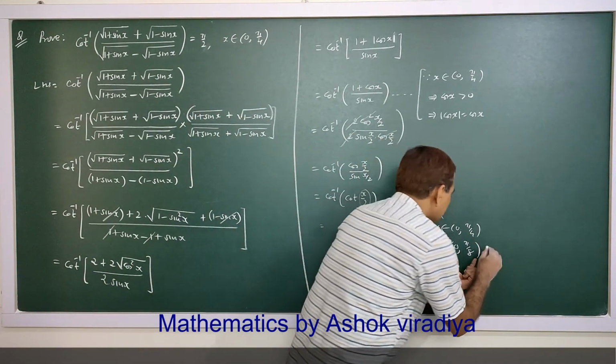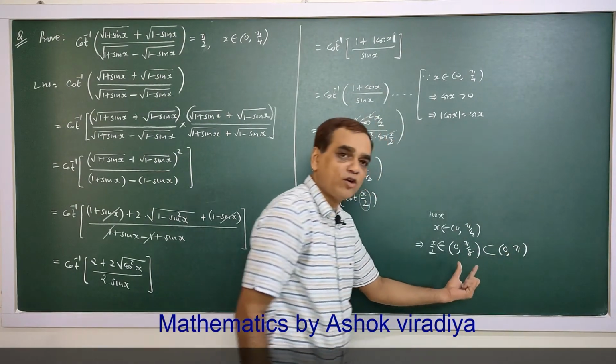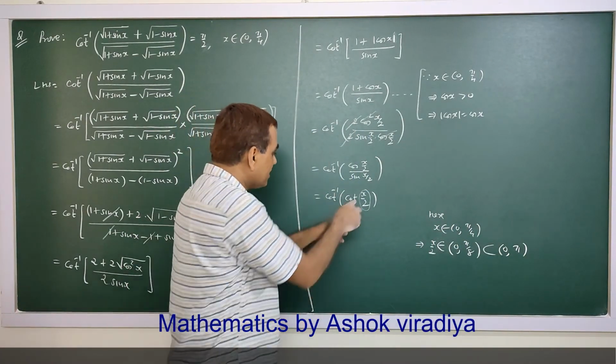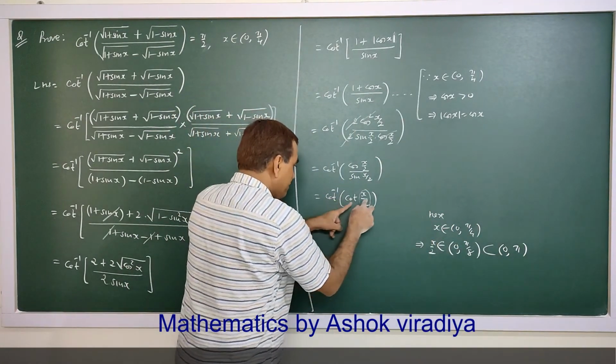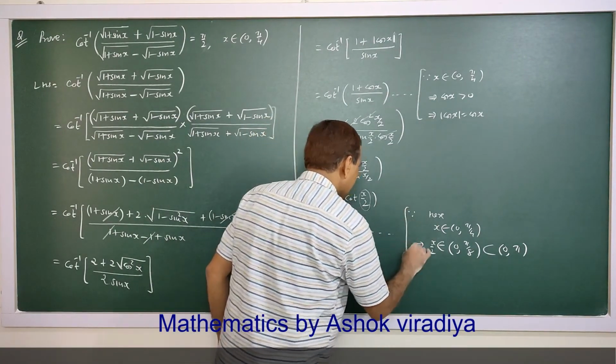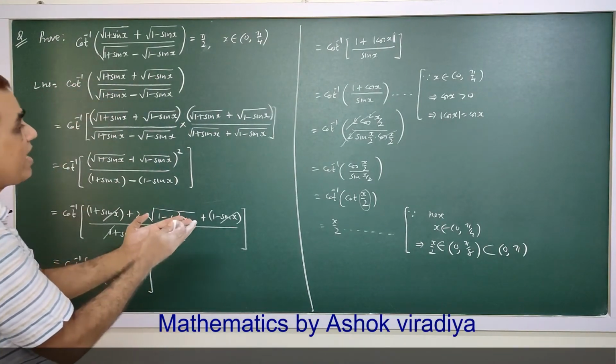And already this is a subset of the domain of cot. Domain of cot is 0 to pi. So therefore this is in the domain of cot. Cot inverse cot alpha is alpha. Reason for this step is here. So this is its required value.